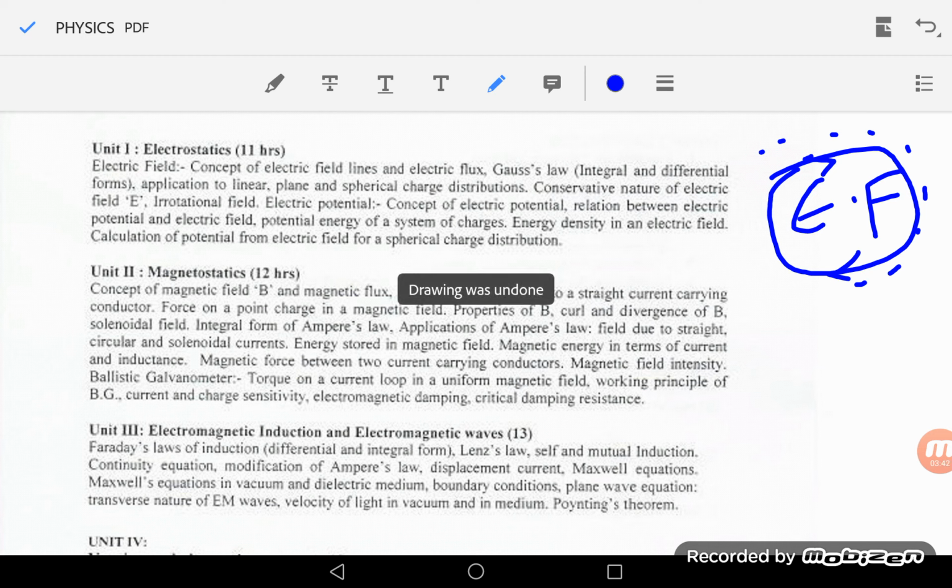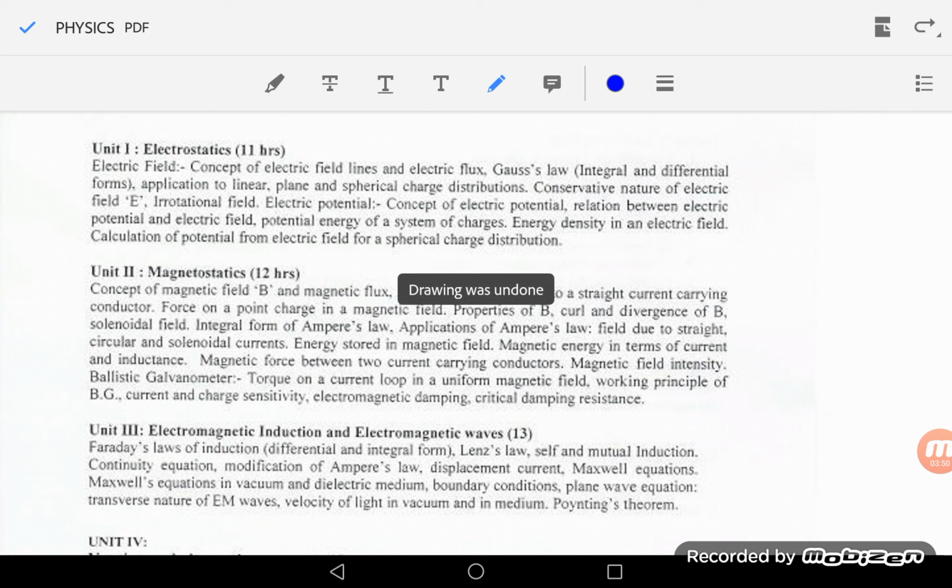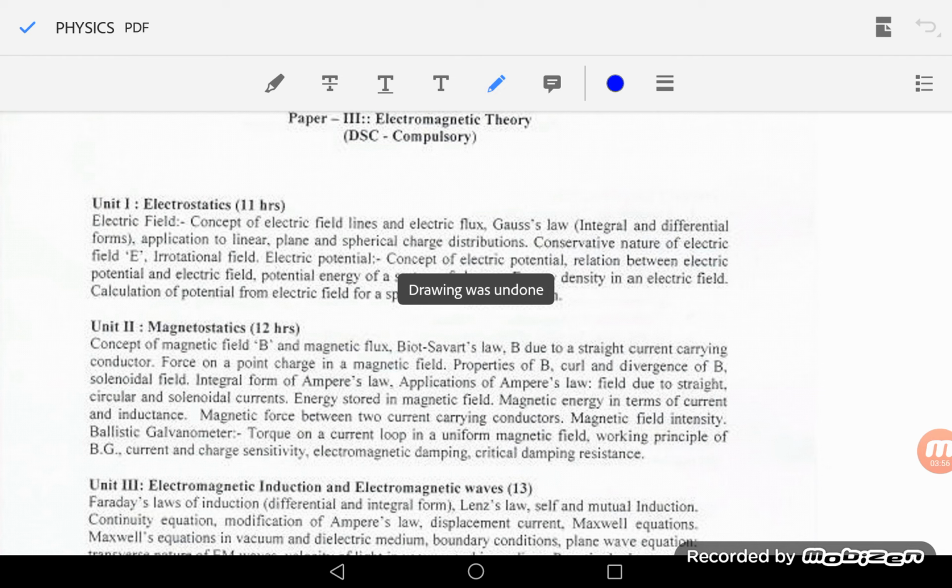How can we produce a magnetic field from electric charges? Now coming to magnetostatics, here we study what a magnetic field is. In unit 1 we studied the electric field and electric flux; in unit 2 we study the magnetic field and magnetic flux, Biot-Savart's law and its applications to the current carrying conductor.